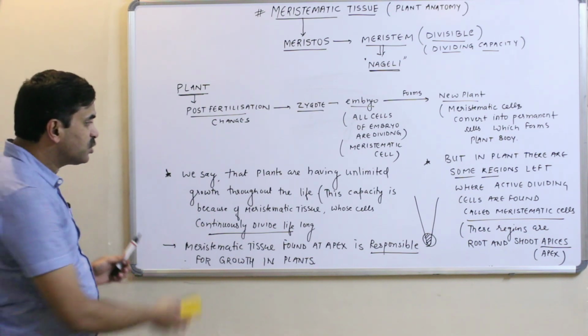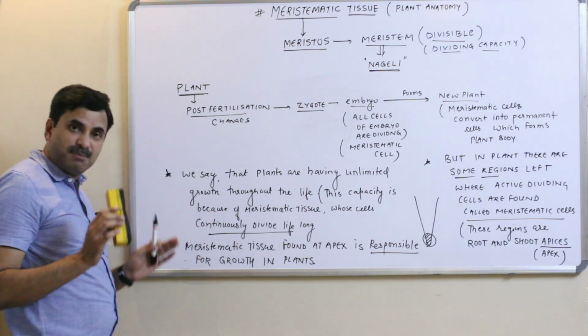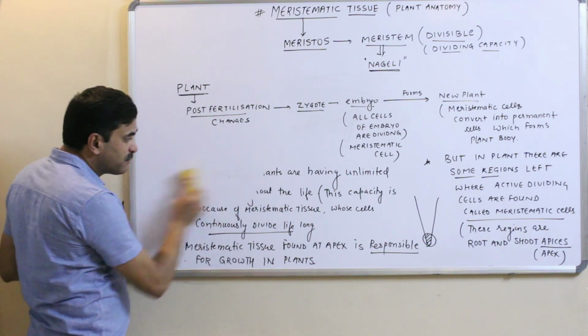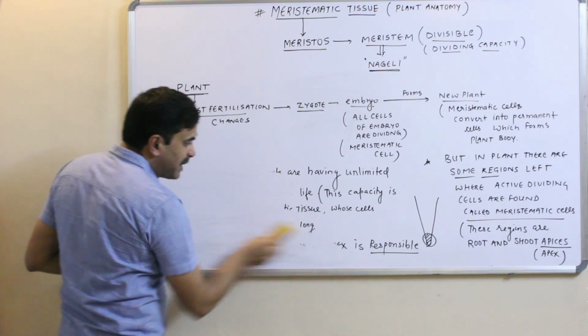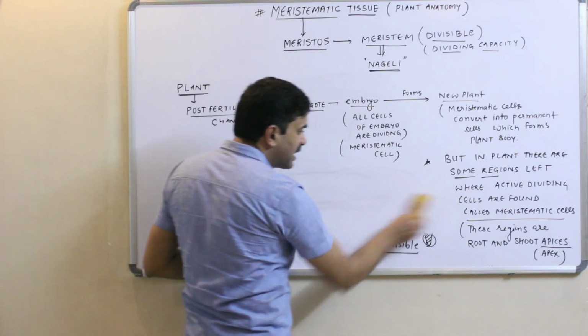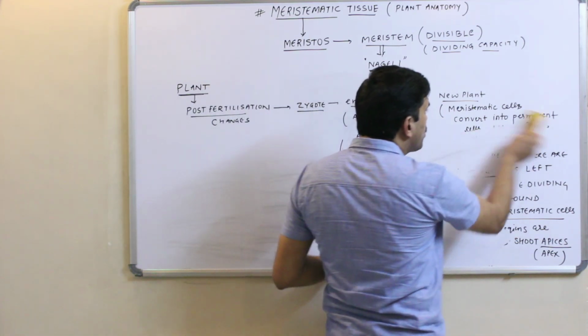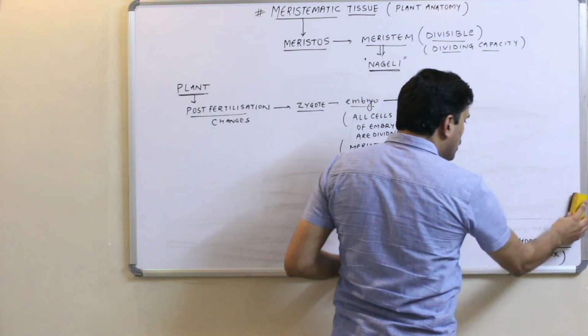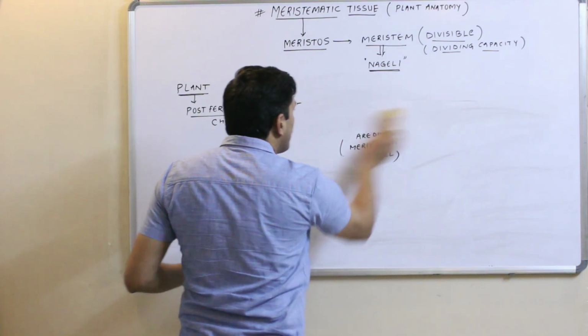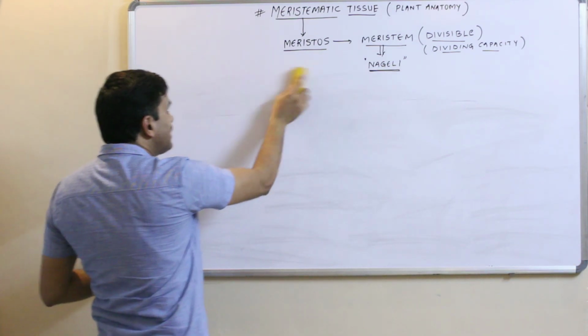In plants there are two types of growth. The growth which occurs in the beginning is known as primary growth, and the growth which occurs later on is called secondary growth.